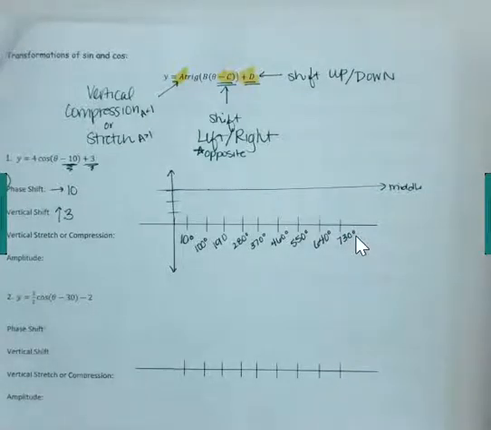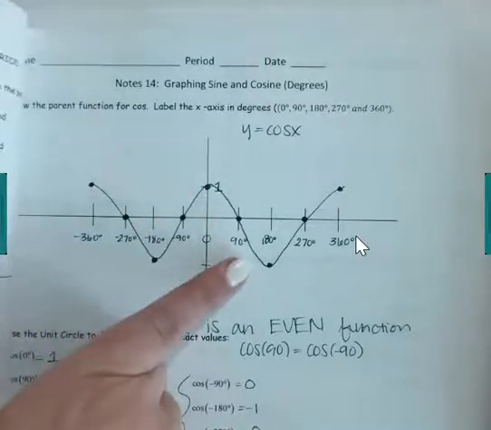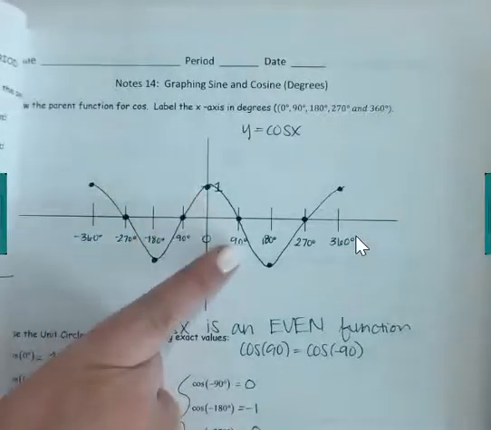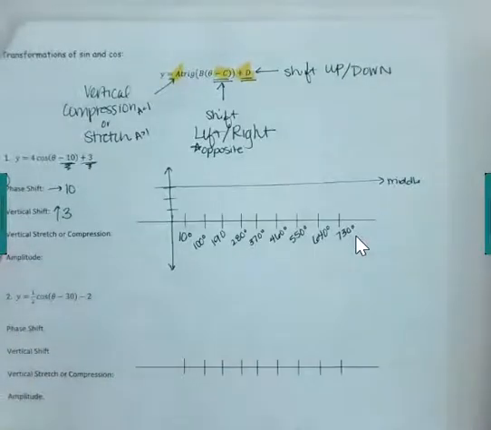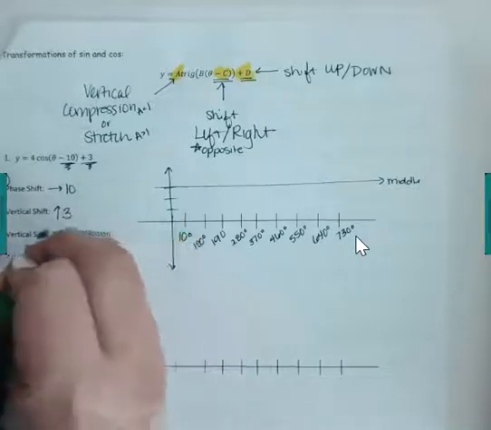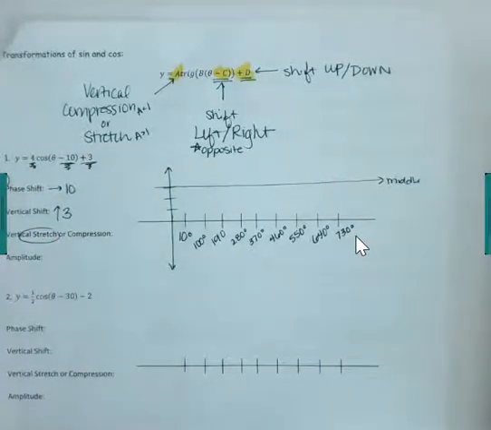Then the last thing that you have to mark is going to be the highest point and the lowest point on your graph. Now, flip back over to the first page. What was the highest that the graph went on the parent function? It went from 1 to negative 1. So if I multiply that by a stretch of 4, how high is it going to go now?